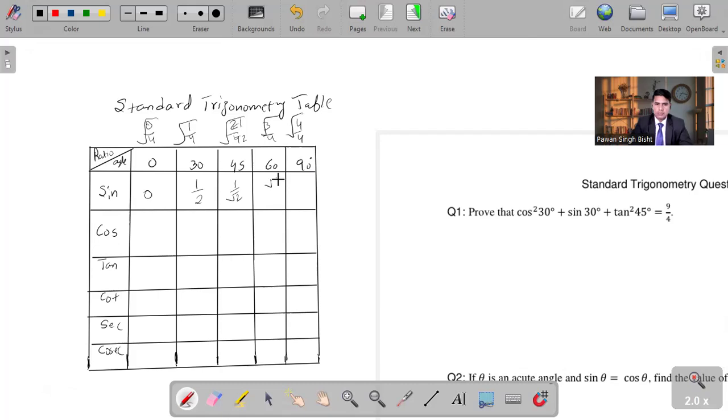Square root of 3 is root 3 and square root of 4 is 2. Then 4 upon 4 is 1, and the square root of 1 is 1. So we got the values of sine.